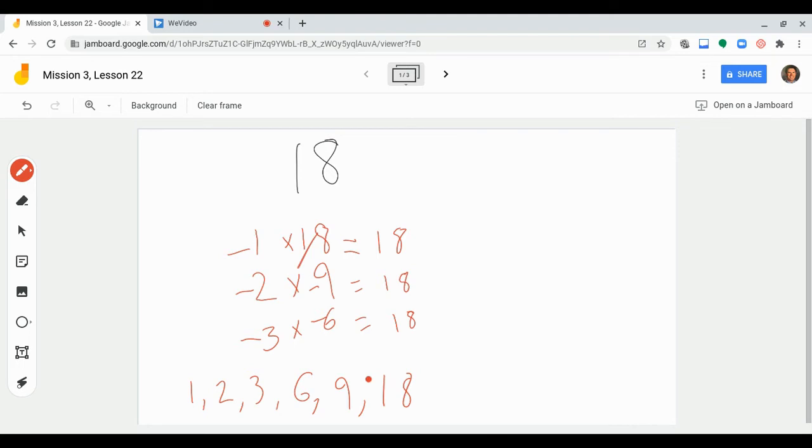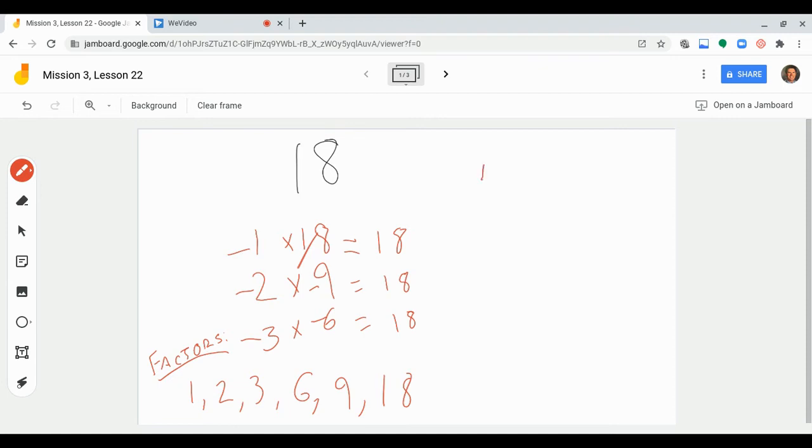So if you were asked what are the factors of 18, these are the factors of 18: 1, 2, 3, 6, 9, 18. Because those are numbers I can multiply together to get 18.